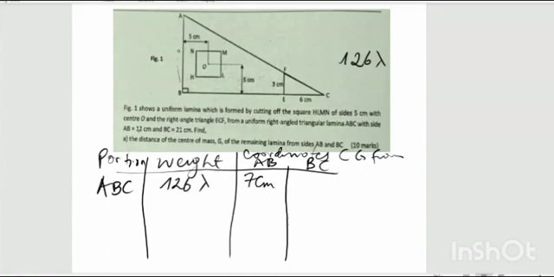From BC, this is BC, the horizontal line. From BC, 1/3 of 12 gives you 4 centimeters.